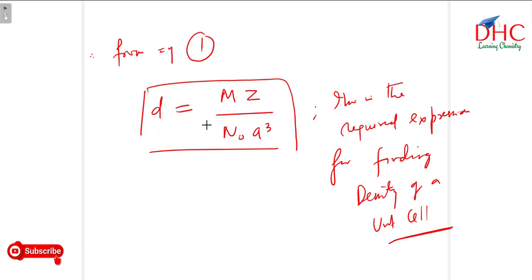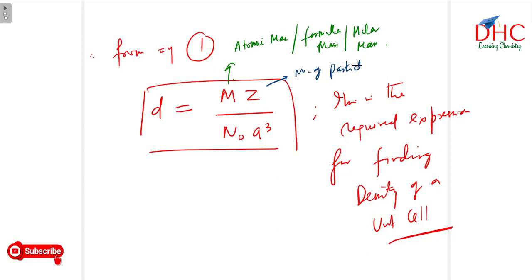Now what is D? D is the density. M is atomic mass, or formula mass, or molar or molecular mass. Z is the number of particles, and A is the edge length. If this edge length is in centimeters, we have the expression, and we can convert it accordingly in picometers, centimeters, or meters.